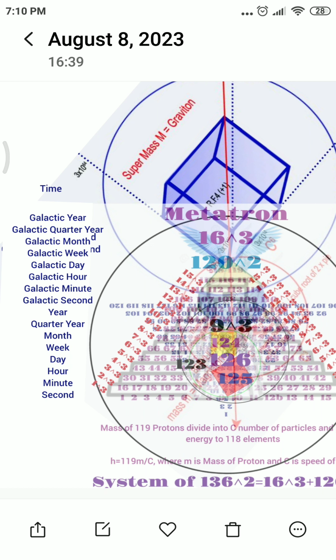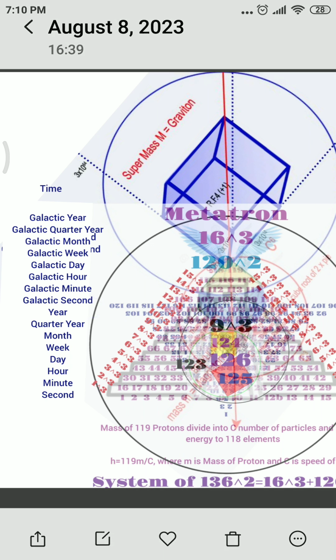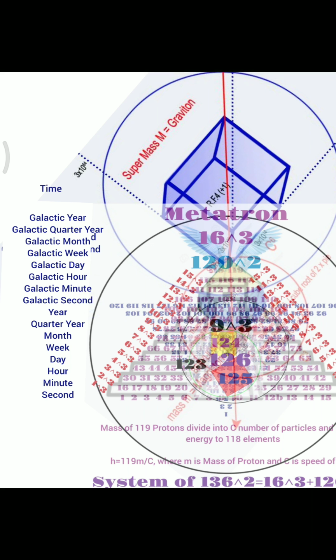So the different steps are, of course, as we know, second, minute, hour, day. Our sun is somewhere here, so this is one day of the sun, then week, month, quarter, year, and galactic second, galactic minute, galactic hour, galactic day.